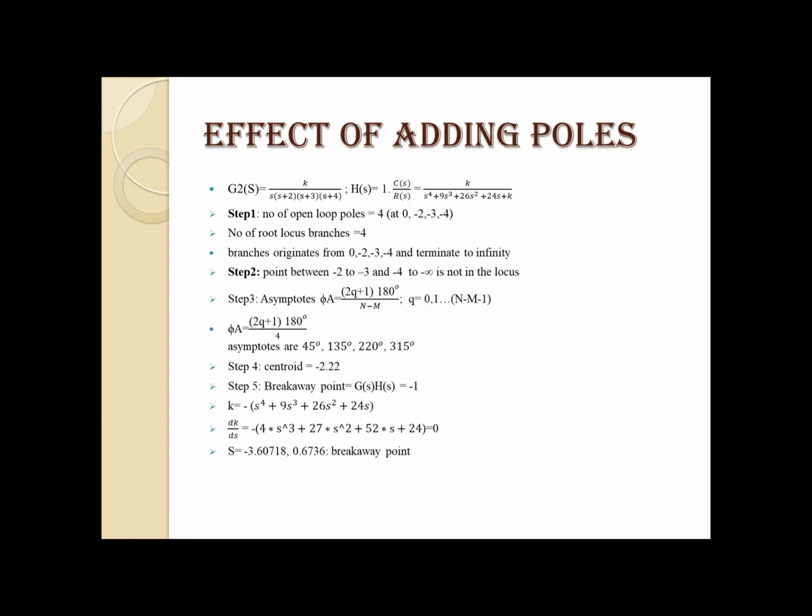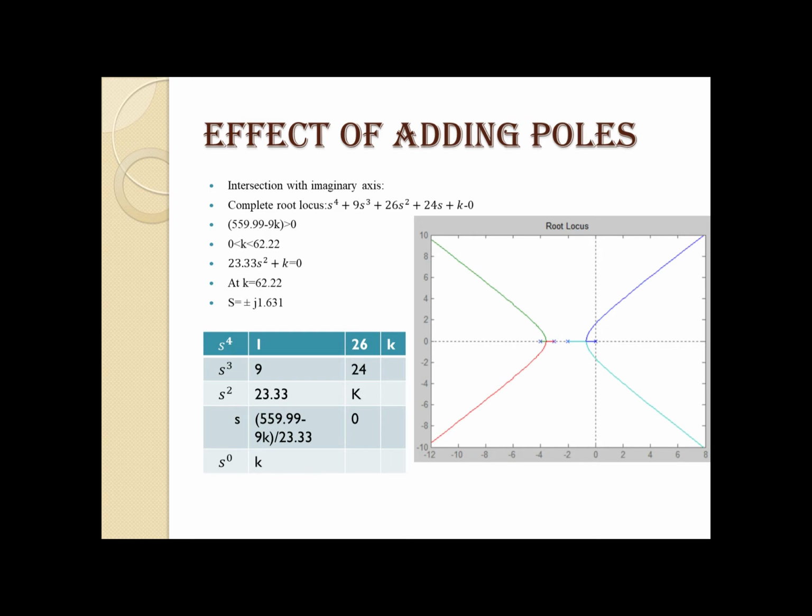Here also we find the asymptotic angles, and we get 4 asymptotic angles: 45, 135, 225 and 315. The centroid is calculated as minus 2.25, and the breakaway points are calculated as minus 3.6 and minus 0.6736. The intersection of the imaginary axis is calculated using the Routh table, and it becomes ±j1.631.